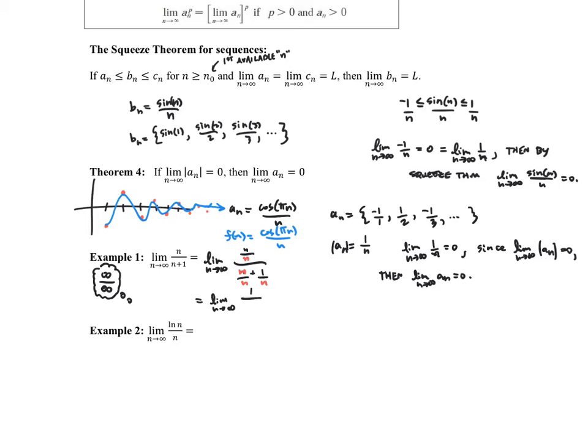This would be 1 over 1 plus 1 over n. If I then did a direct substitution, I'd get 1 over 1 plus 0, right? Because the limit as n approaches infinity of 1 over n equals 0. So it looks like my sequence limit would go to 1, okay?